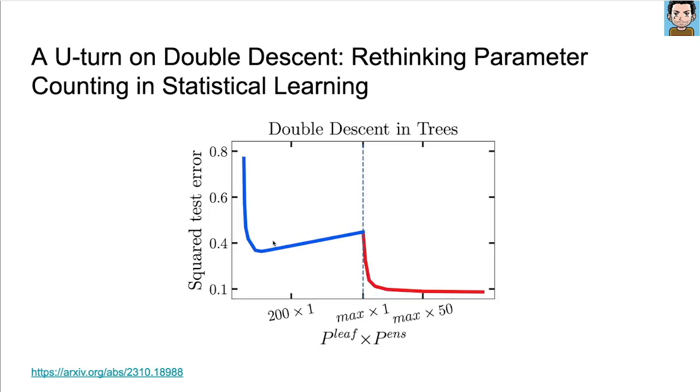This figure comes from the U-turn on double descent paper. The figure shows a typical double descent curve. The blue curve shows a classical bias-variance trade-off where we only have a single decision tree in our model. As expected, we observe the U-shaped test error curve, but then the red curve shows the impact of using a decision forest, which is basically a tree ensemble.